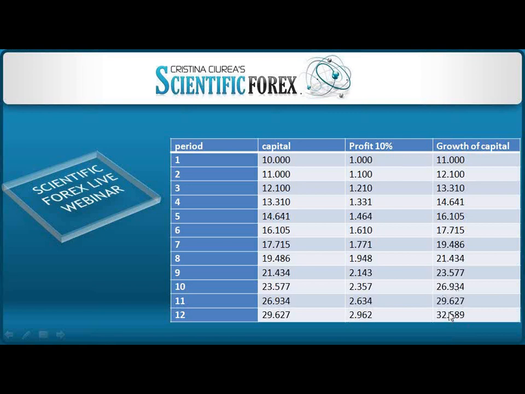At the end of the year, we can have $32,589. So even with 10% profit per month, at the end of the year we tripled our capital. We have 3 times the initial capital.